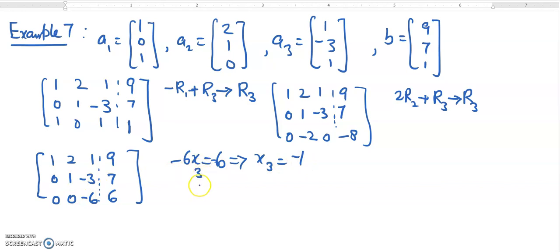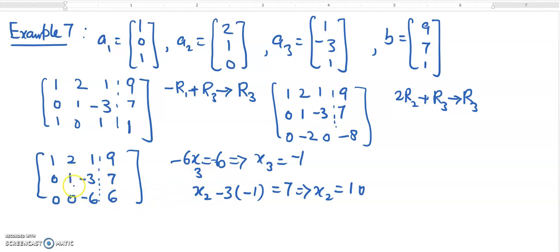And from the second equation, it is x2 minus 3x3, where x3 was minus 1, equal to 7. Yeah, is it correct?